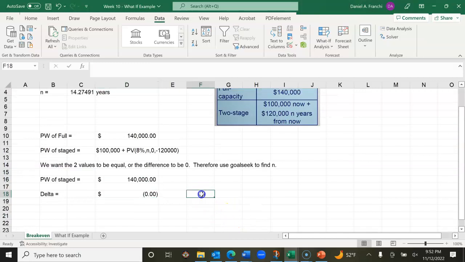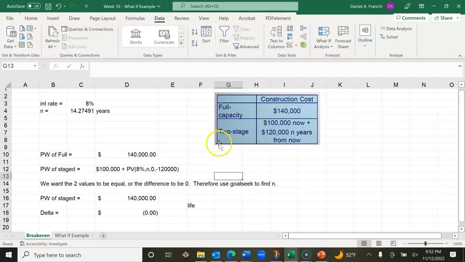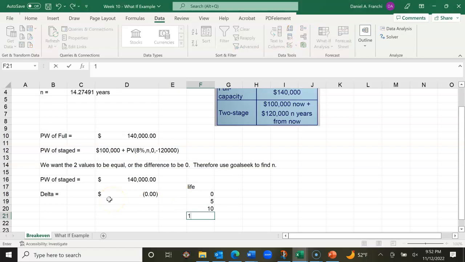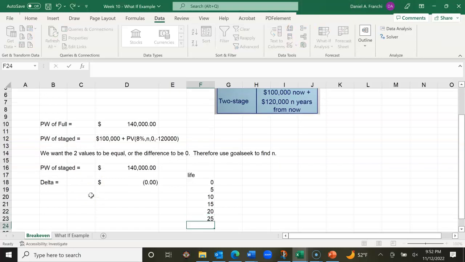And let's say we want to have our life, let's just go zero, 5, 10, 15, 20, 25.